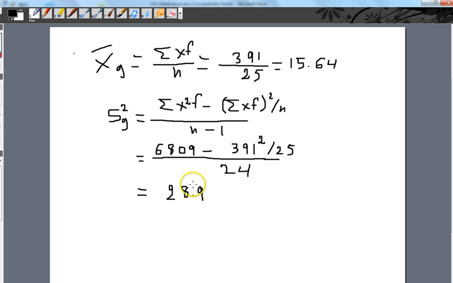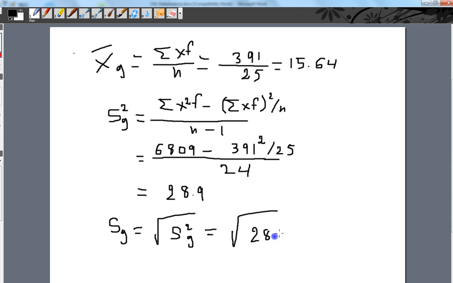Notice that once from the formula we get the sum of x squared f, which has the total there, just write it down basically. Now if I want the standard deviation of the grouped data, it's simply taking the square root of s squared G, which is the square root of 28.9. So that would be 5 point something, maybe 5.6. I'll let you finish this.